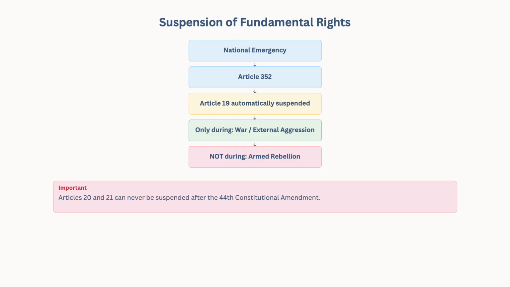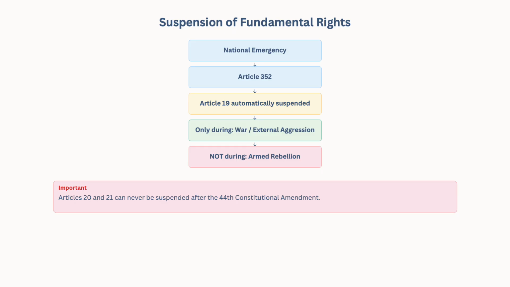So at such a time, you do not have the freedom of speech. It will be restricted to a certain extent, and you might not have the freedom to assemble into groups. You might also not have the freedom to form associations. Not an entire restriction, okay? It may be restricted.